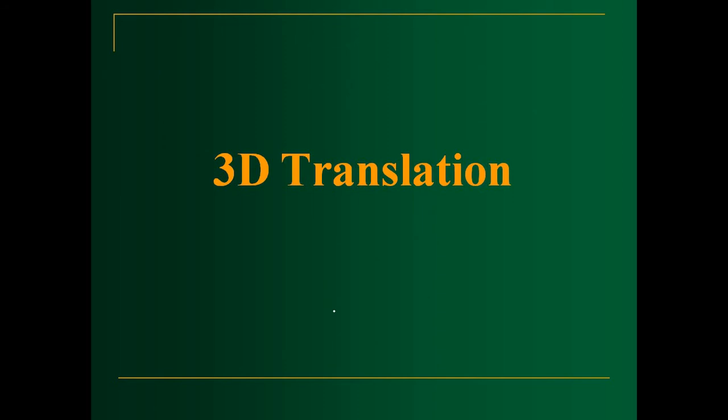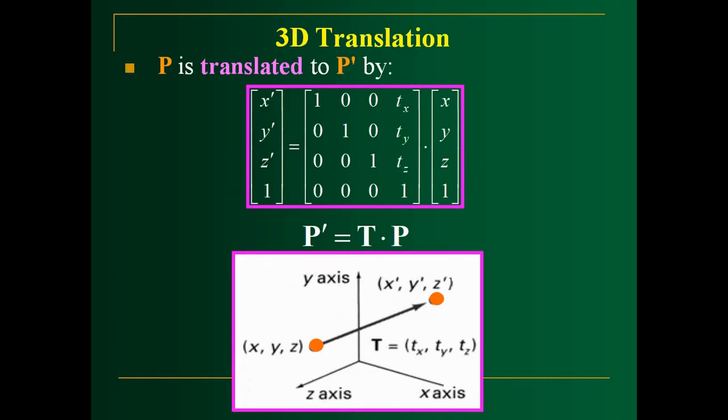We have 3D translation, scaling, and then rotation. Now the first one is translation. In 3D translation, P is translated to P dash by these matrices. Here x dash is your new coordinate, x is your old coordinate, and then this is your translation matrix.